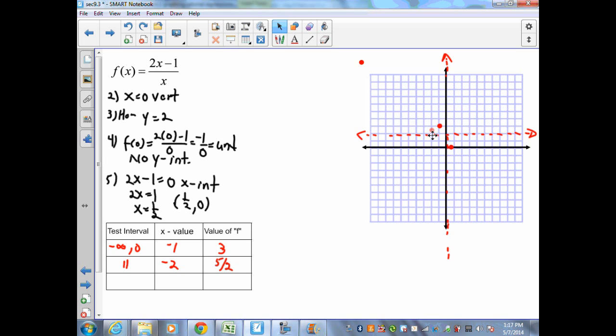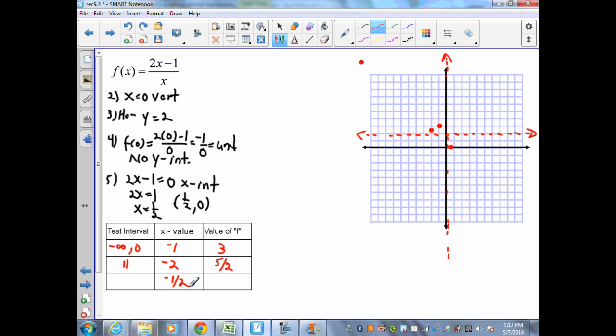Now I really need to check and see what's going on in between -1 and 0 to verify that this is going to keep on increasing as I approach my vertical asymptote. So I better find another value, and that value I'm going to choose to be -0.5.